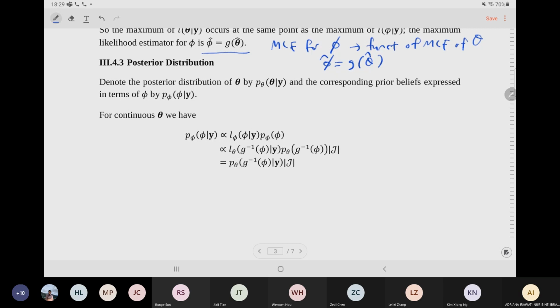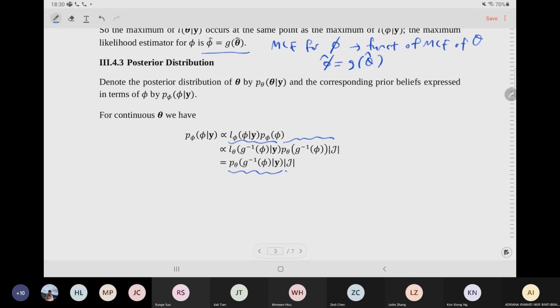This is from the transformation of the likelihood of theta, and this is the transformation of the prior of theta. And this is actually, you can see over here, just a transformation, meaning that you find the G inverse of phi here, put it into the posterior of your theta, and then multiply by the Jacobian.